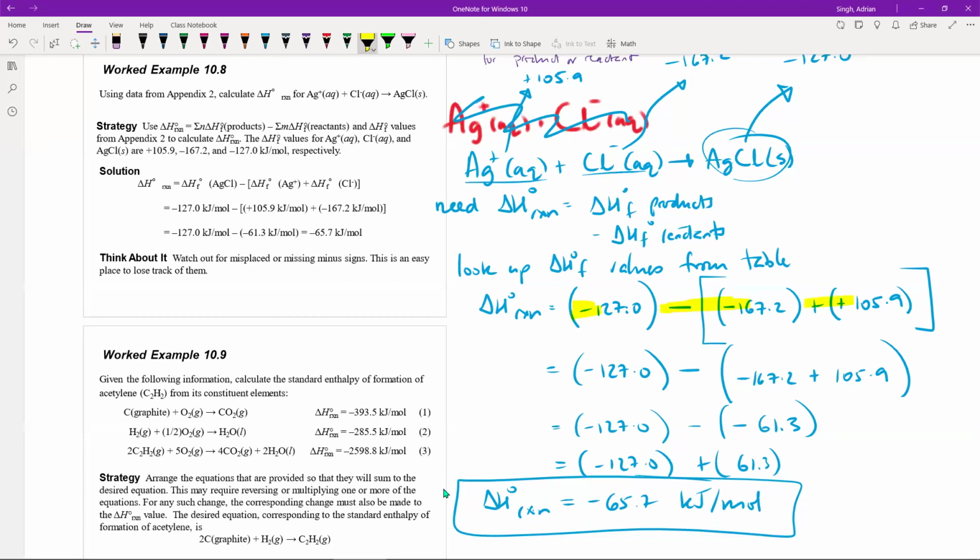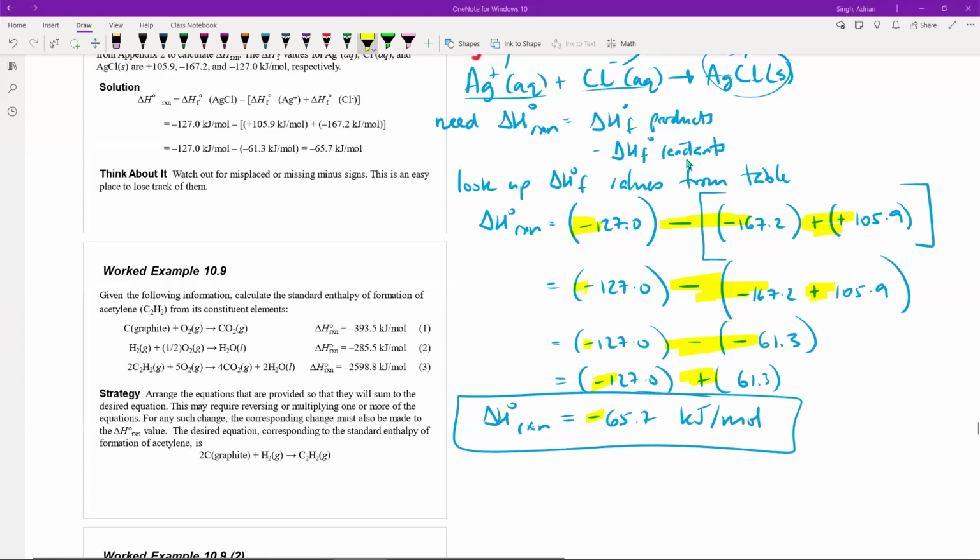Okay, so you have all sorts of signs to pay attention to. That is probably the most common source of error in problems like these, because you have negatives and positives all over the place. You want to make sure that you keep track of those when you do questions that involve looking up these values.